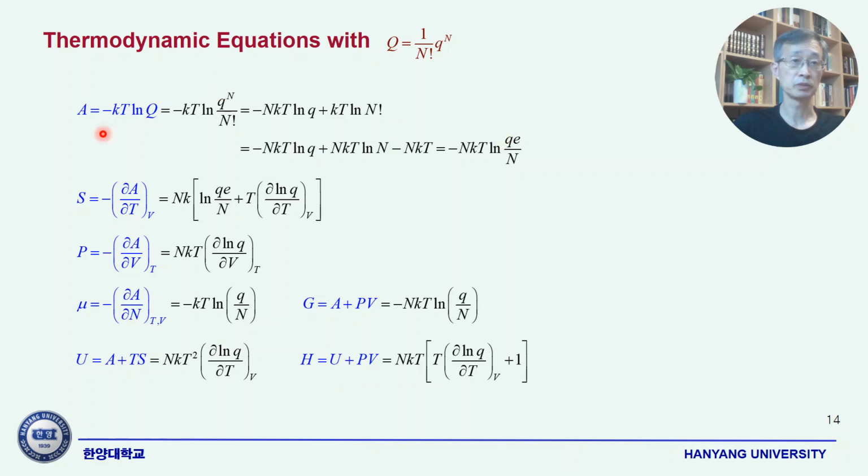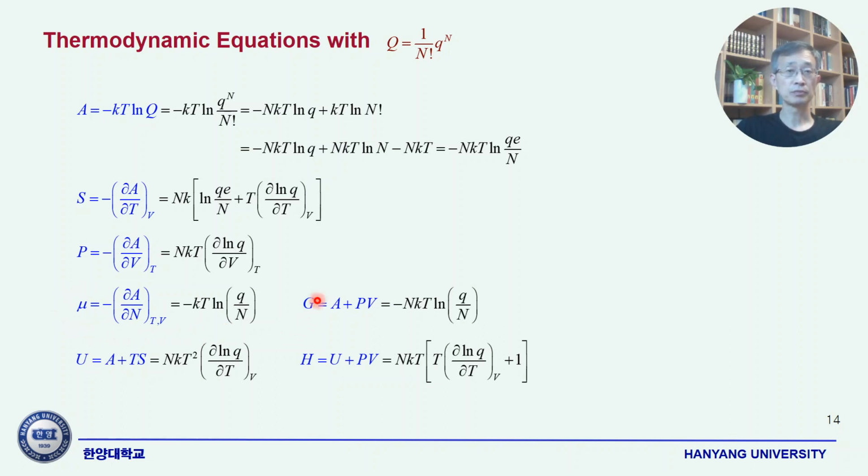Then we take the derivative of A with respect to T with a negative sign, which is entropy, and the derivative of A with respect to V with a minus sign, which is P. Derivative with respect to the number of molecules with a negative sign gives you the chemical potential, which is this.